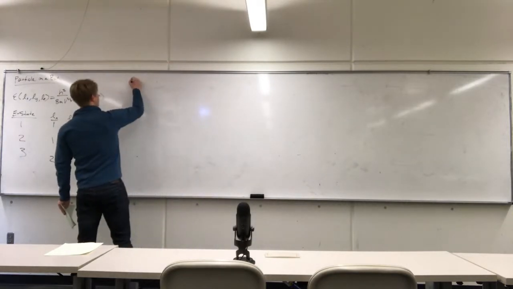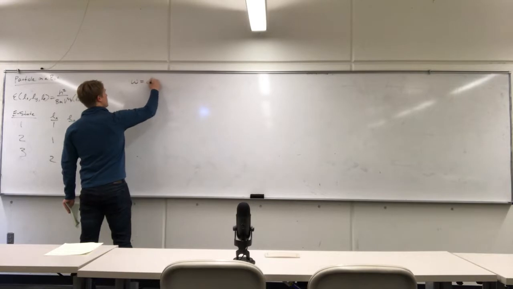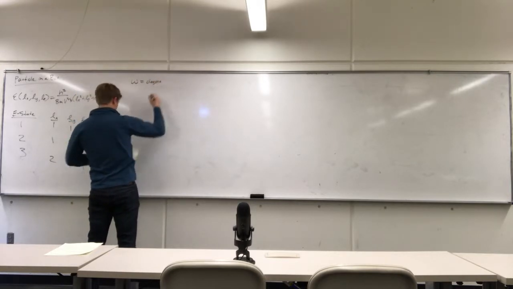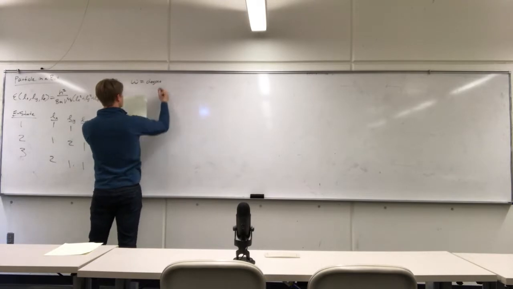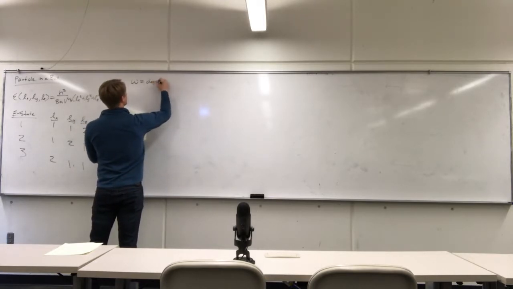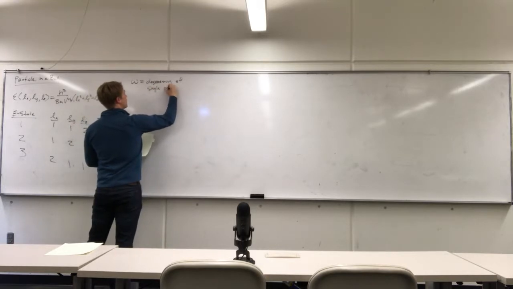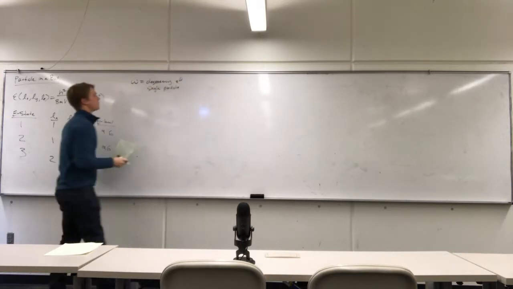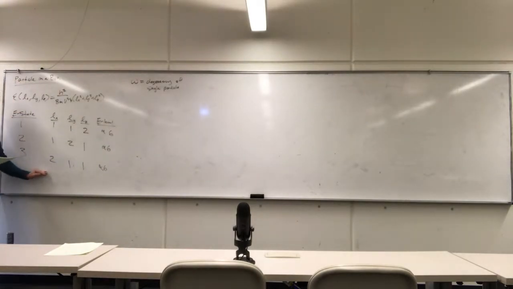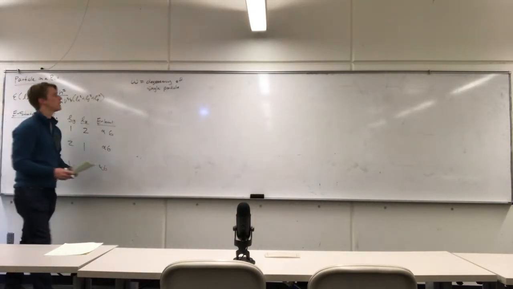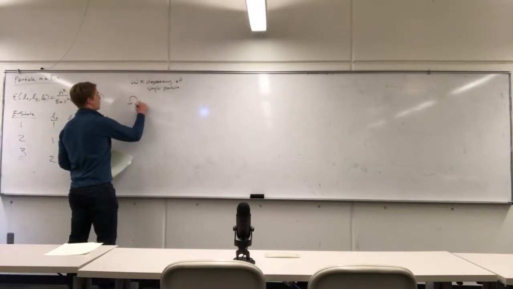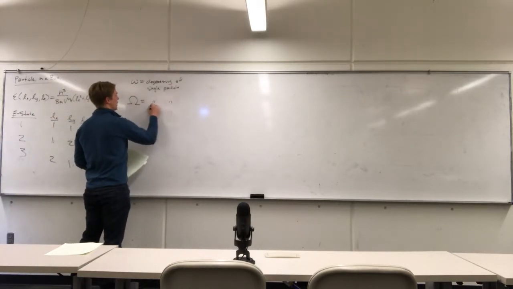So what we're going to call this is that omega is equal to the degeneracy. Degeneracy tells us the number of different ways that we can organize the system where we have the same energy level. Now we're going to use the nomenclature of a capital omega. This is the degeneracy of a collection of particles.